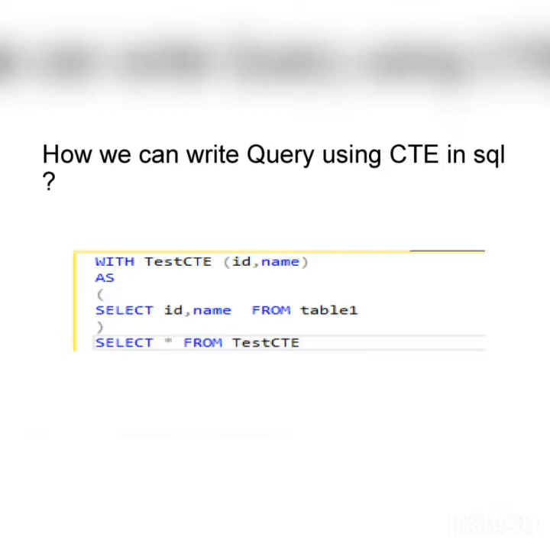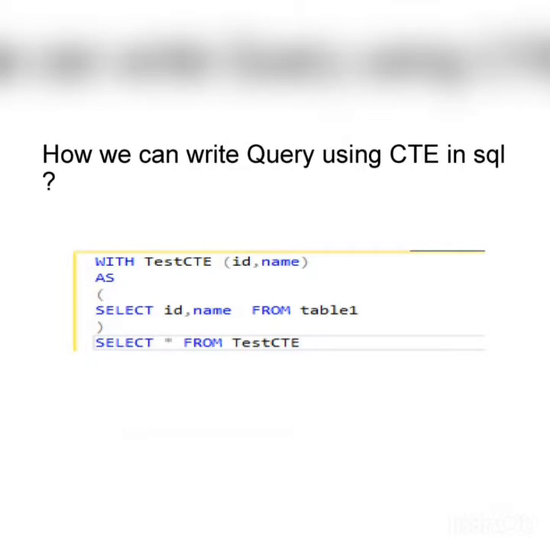Then how do you write a common table expression? It always starts with the keyword WITH and the common table expression name. Here I mentioned test city. Then the parameters you want to pass, here ID and name, and always the keyword AS, and you use a select query with the table name.